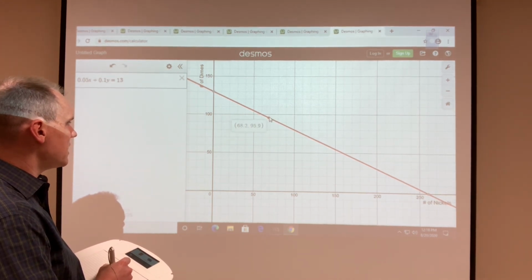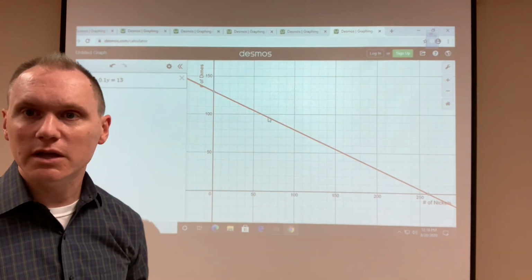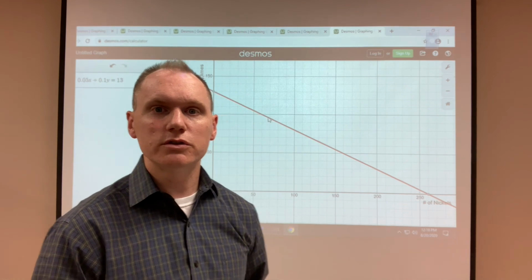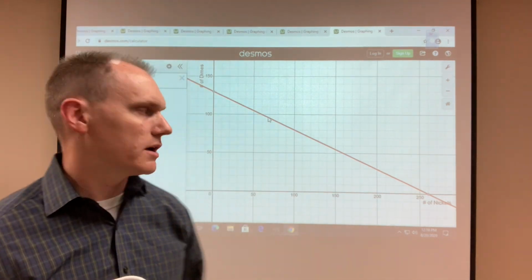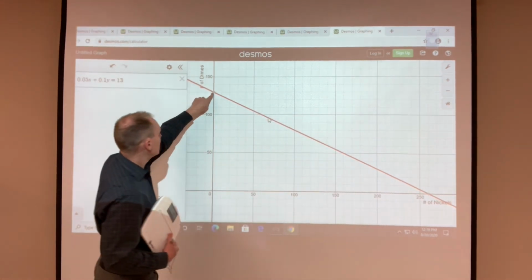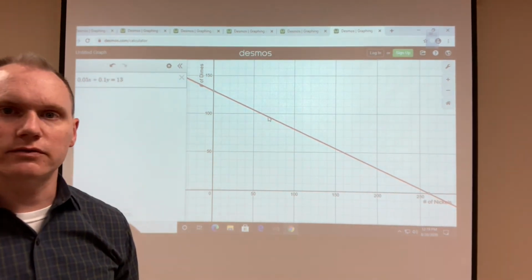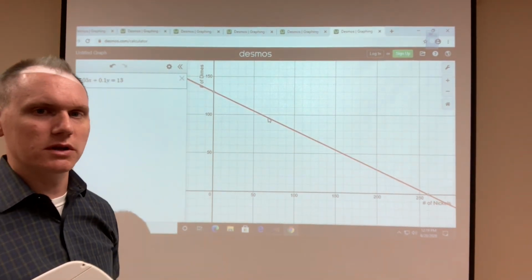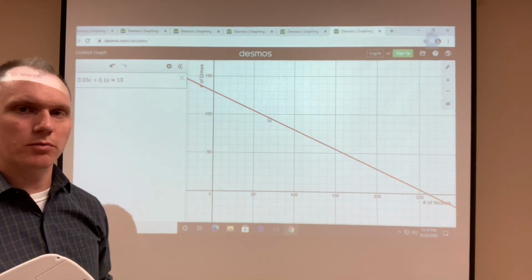So I could have 68 nickels and 96 dimes, and that would create $13. So these are all the different combinations of nickels and dimes that would create $13. Again, if I had 0 dimes, I'd have 260 nickels. If I had 0 nickels, I'd have 130 dimes. And so that just graphs the relationship between nickels and dimes with the constraint that they have to add up to a total of $13.